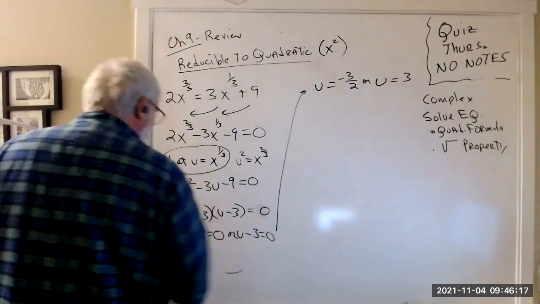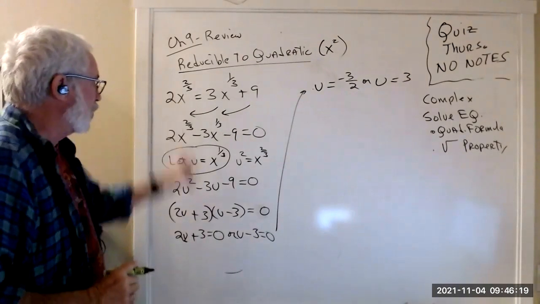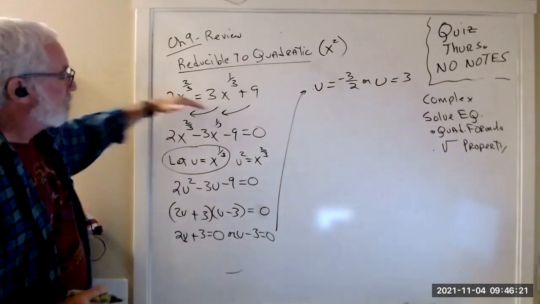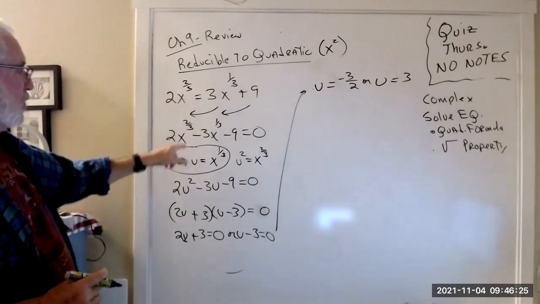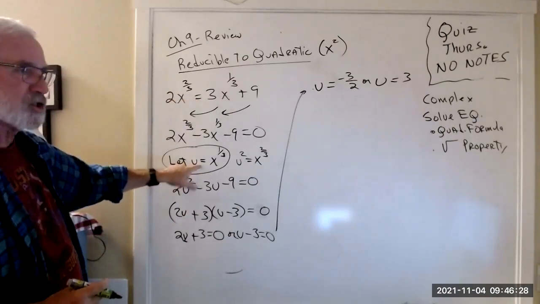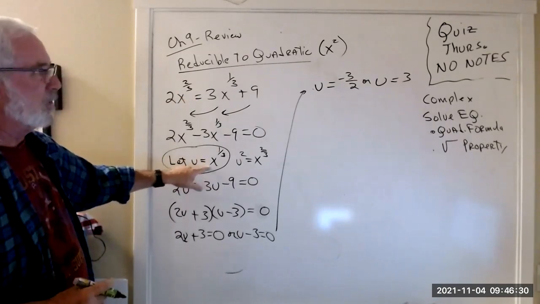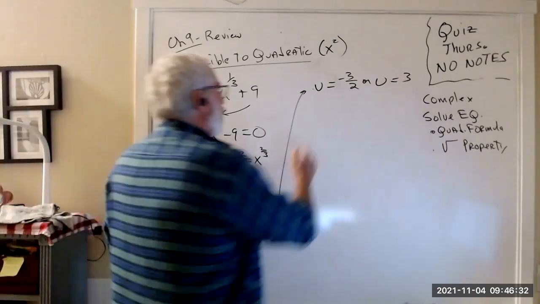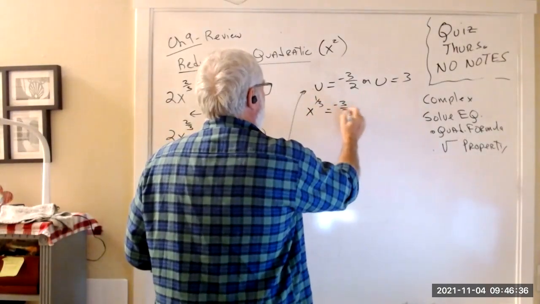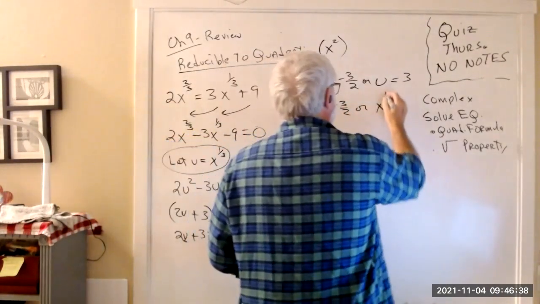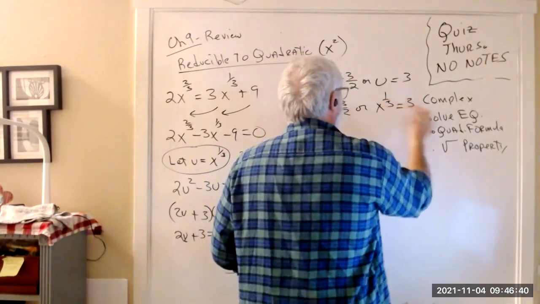Excuse me. So we solved for u, but the original problem was x. So we unsubstitute, and right here it says u is the same as x to the 1/3. So we can say x to the 1/3 equals negative 3/2, or x to the 1/3 equals 3.